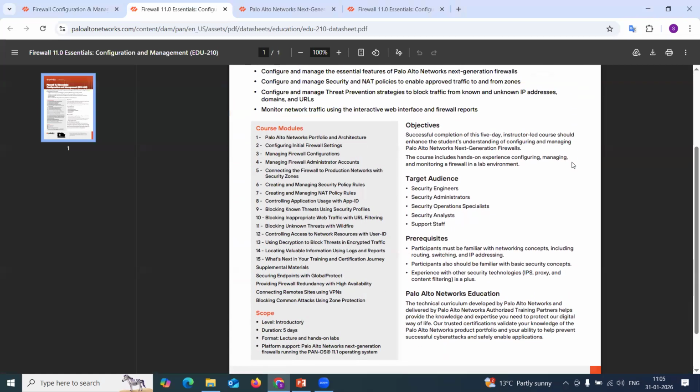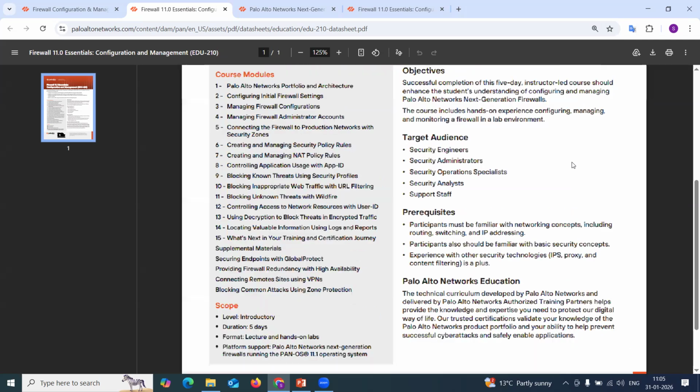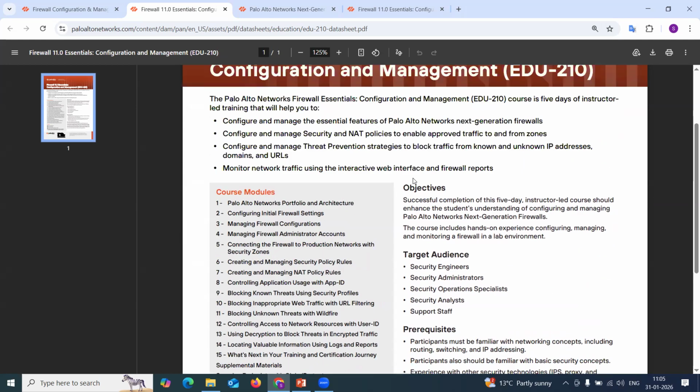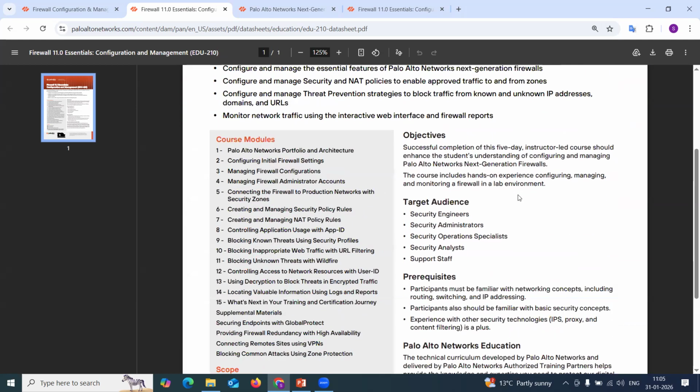It only says you must be familiar with networking concepts, including routing, switching, and IP addressing, and basic security concepts. If you are aware of it, you are good to go with this certification. So there is not much required.